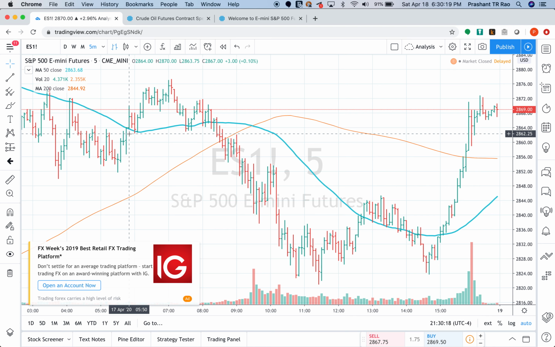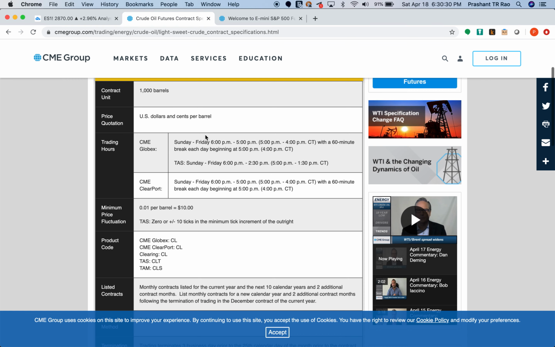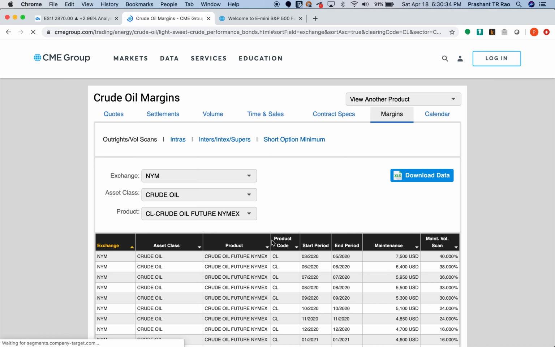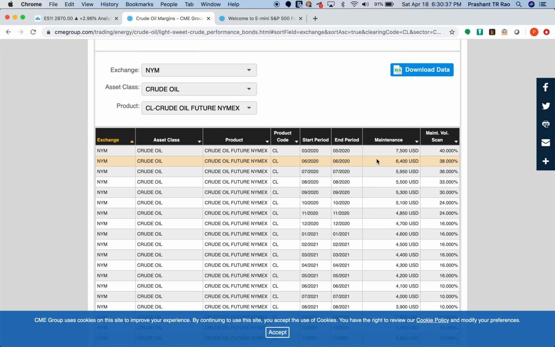So each contract has its own specification. Before you go in and place that trade, make sure you understand how that contract works. Also, with each contract, there are separate margin requirements, and for that you can also look at the specification, or you will get to know once you place the trade.